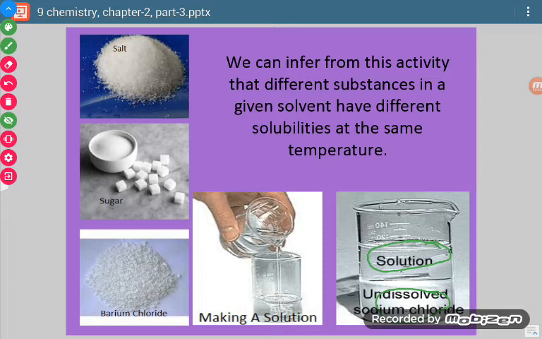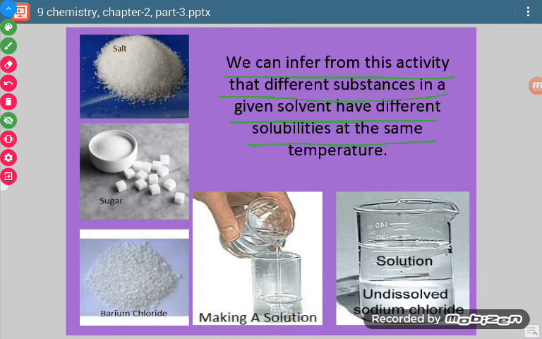So this particular solution, the upper one, we can say is a saturated solution, because we are not able to dissolve more solute in it, okay. Now a term comes, solubility. What is solubility? We are going to discuss this in the next slide.